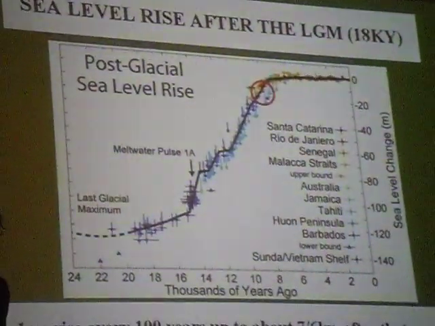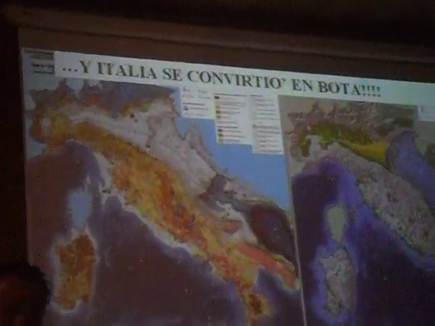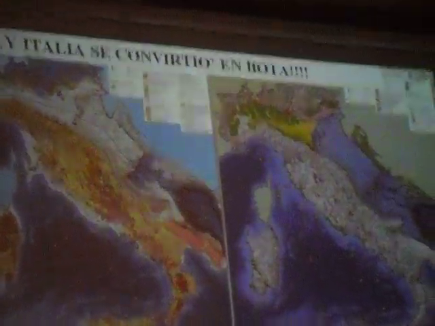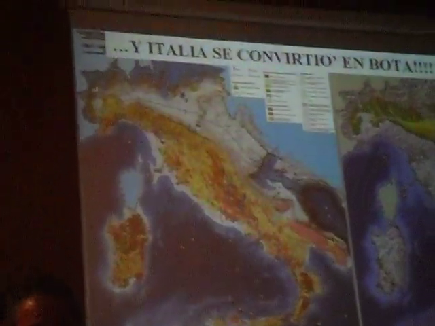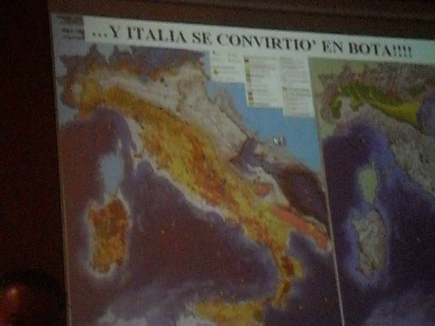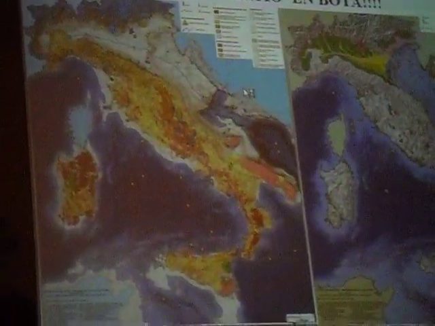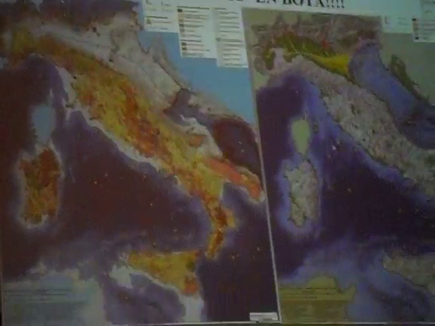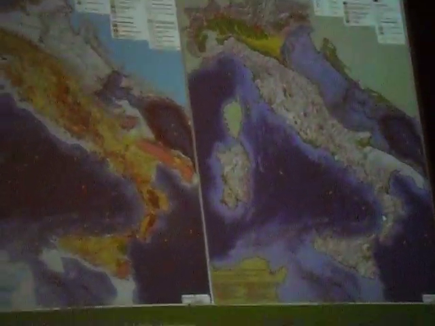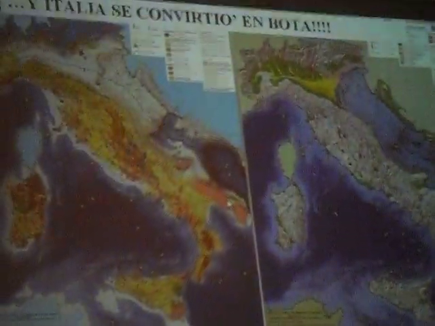Just another example, but this one is important because remember that only in a few years Italy changed, probably due to the presence of this dust, from this shape to this one. In a few years means only 6,000 years.